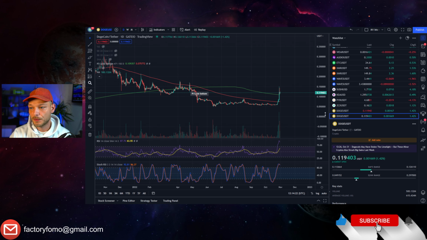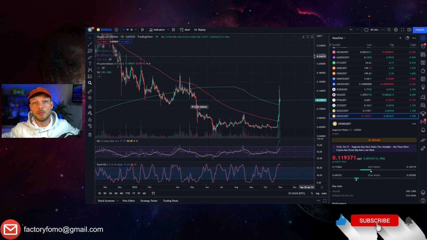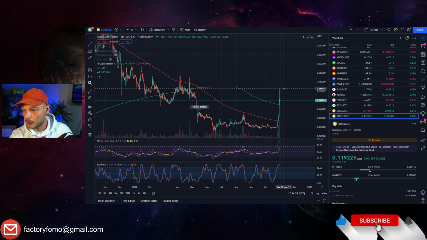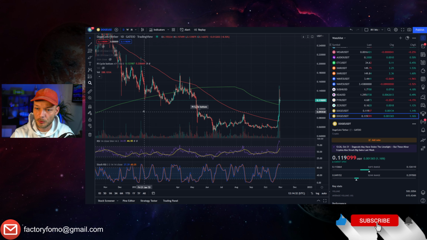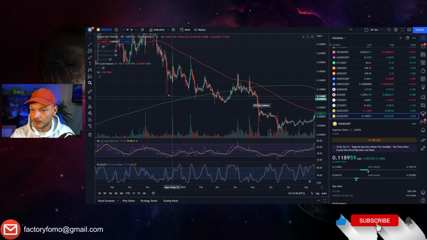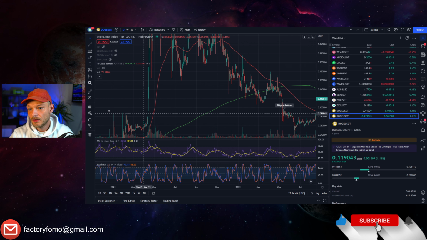Now, if you want to look at horizontal lines, which are resistances and supports, right? As you can see, Dogecoin came all the way up here. But it's now sitting at support, because at this green dotted line, you can see where it is, right? And you see very obviously it's sitting right at this support, right at this support, here a little support, right?